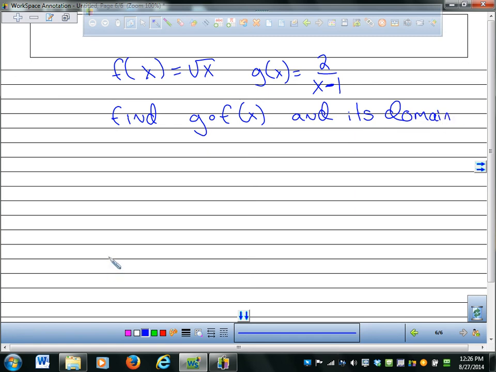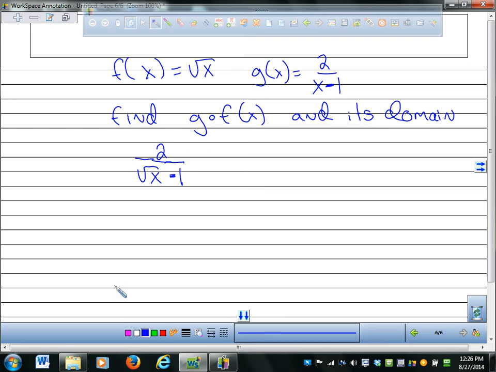Okay. So what's g of f of x? 2 over square root of x minus 1. I'm taking this and plugging it in here. Do you guys see that?